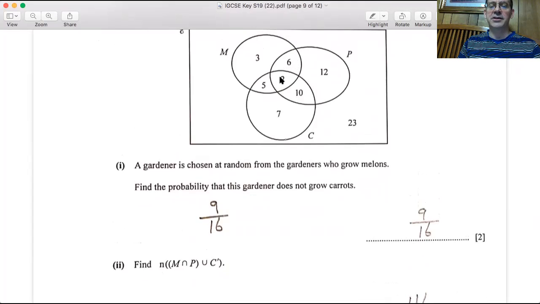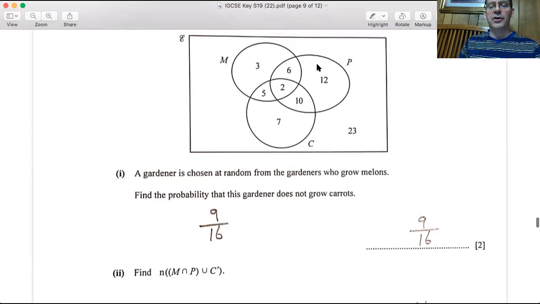That's the intersection of M and P. Then union, which means we combine that with not C. So not C is all of this out here, and the 2, which is a part of this intersection. We only need to count the 6 once. So it's also a part of the not C, but the 6 and the 2 are part of the intersection of M and P. So both of those with the not C.